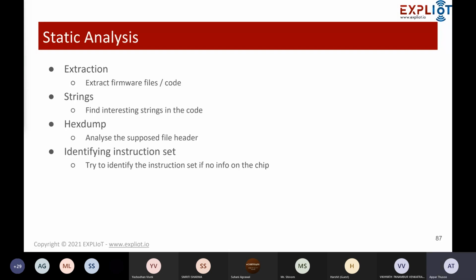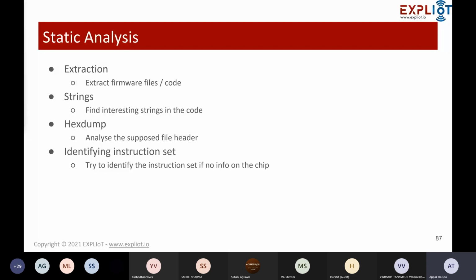Again, static analysis consists of extraction, strings, hexdump, and identifying the instruction set. So you extract the firmware file from the blob that you find, then try to look for interesting strings in the code. You can find passwords and keys that way. You just have to look for some interesting or commonly used strings.